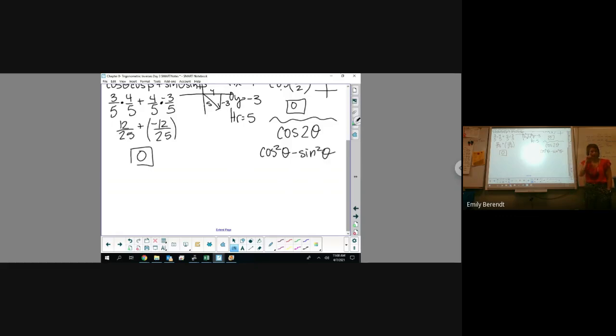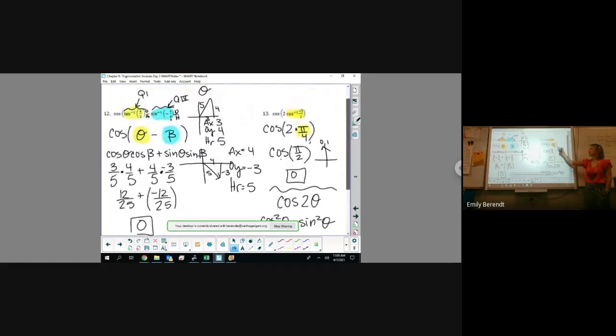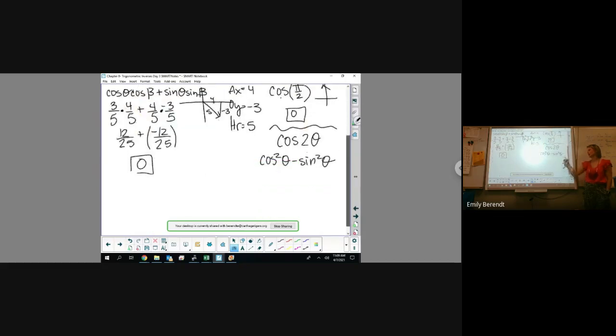All right, so let's say you looked at it as the identity versus being able to go straight to the unit circle. But you're like, oh, I know that this is pi over 4. So instead of condensing here, let's say you went here. What is the cosine at pi over 4? Root 2 over 2, except you have to do what with it according to the identity? Square it.